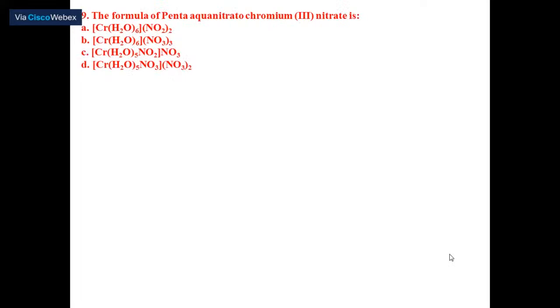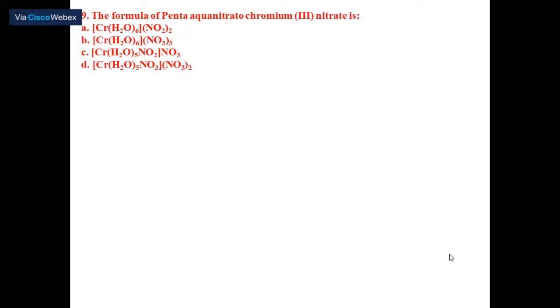Here, I have explained some points regarding how to name coordination compounds. According to that, first we need to name the cation, followed by the anion. Is that clear? When more than one ligand is there, we have to name the ligands in alphabetical order.